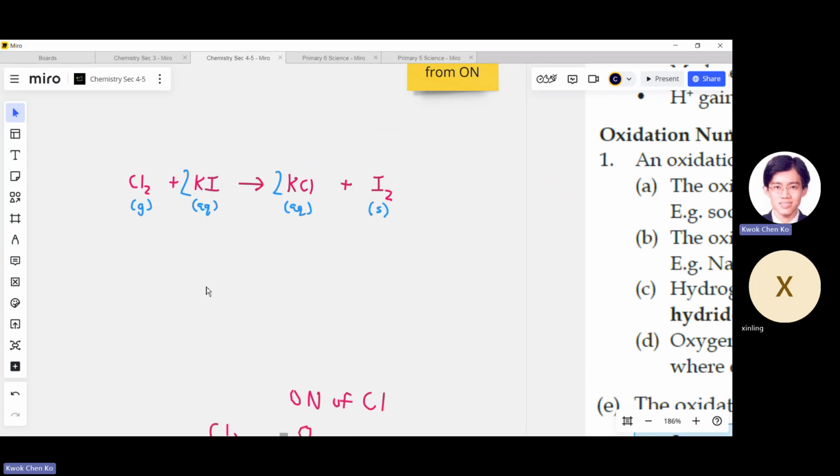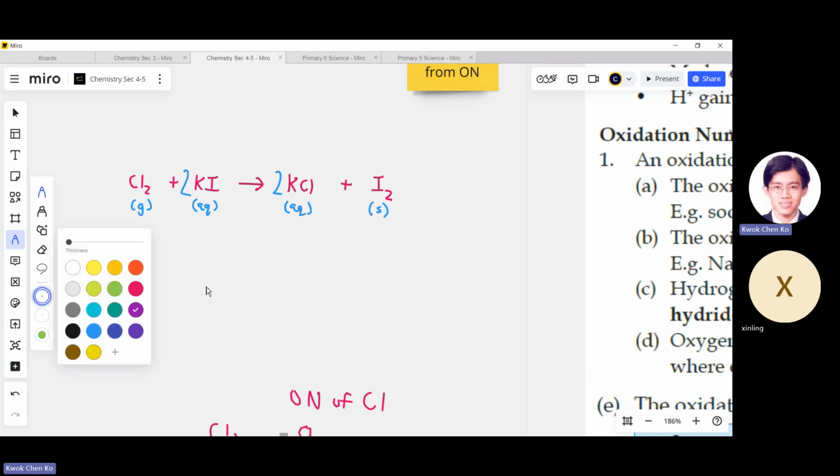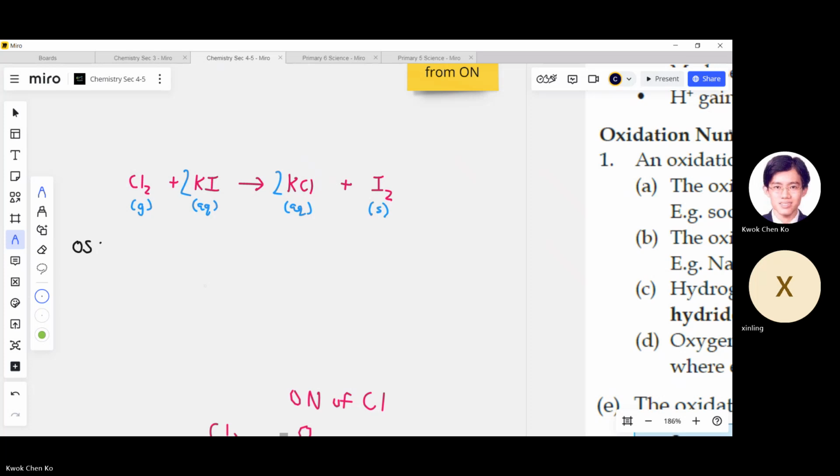Okay, so how many elements do you have? So what I do is, for me, I write out the equation. Then I normally put OS below the equation, oxidation state. If you want to put ON, oxidation number is fine. The two are exactly the same, either OS or ON.